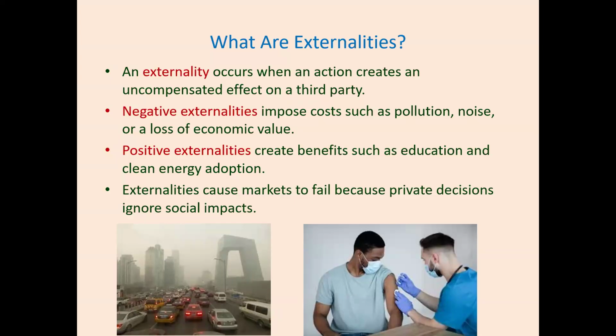There are also examples of economic value loss because all that smog reduces property value in the city. A city like New Delhi in India or Beijing, which has a lot of smog, has lower property value because of the pollution in those cities.